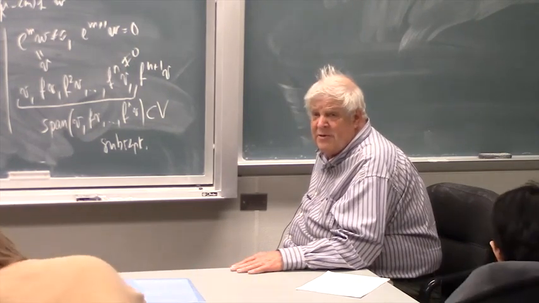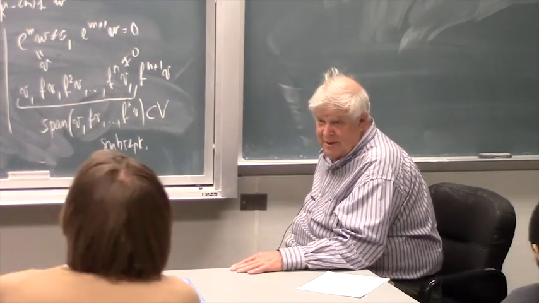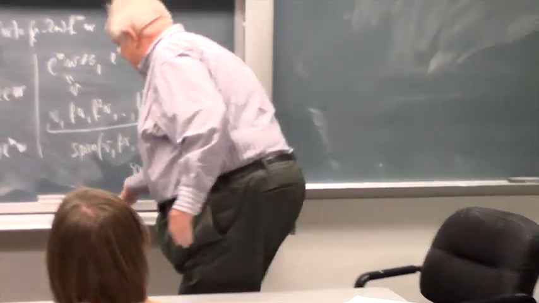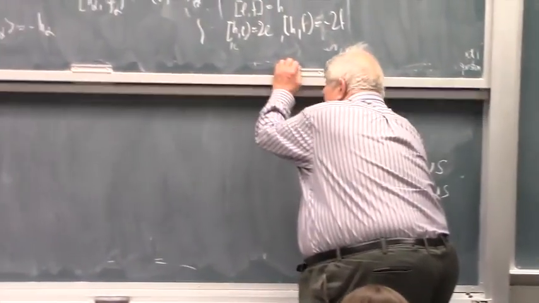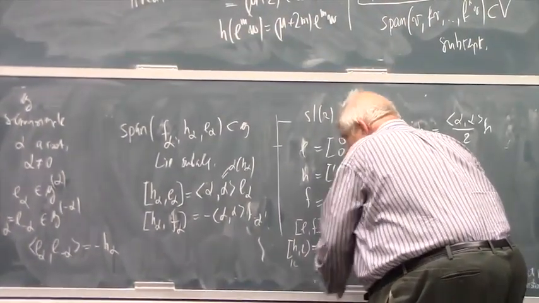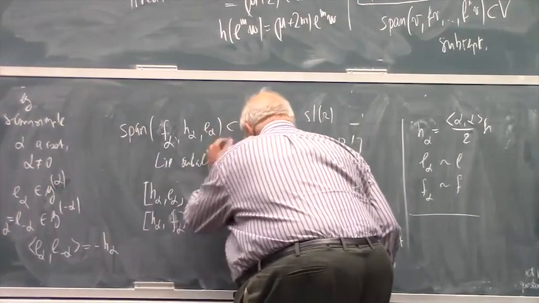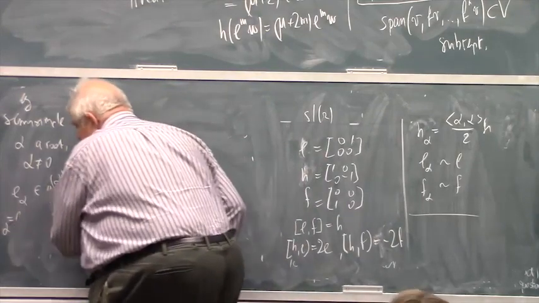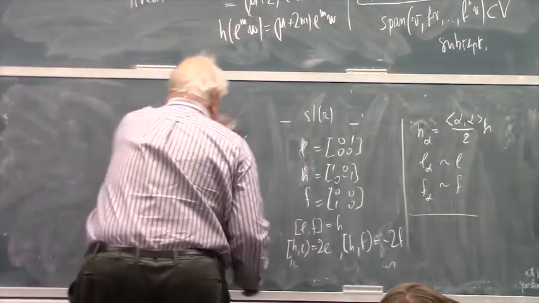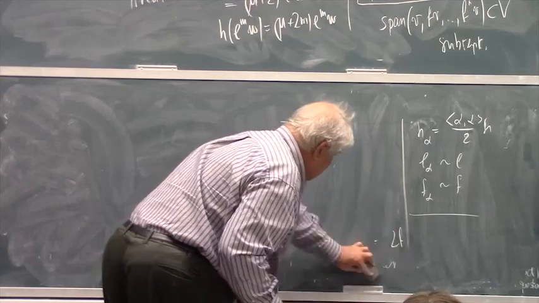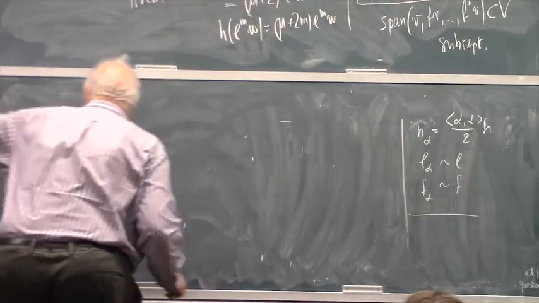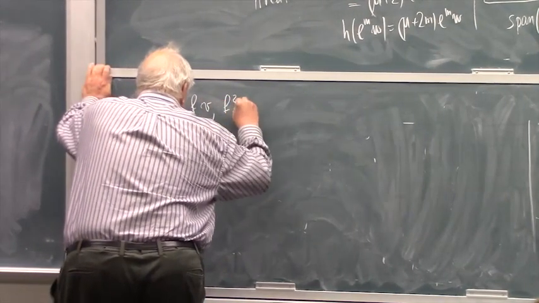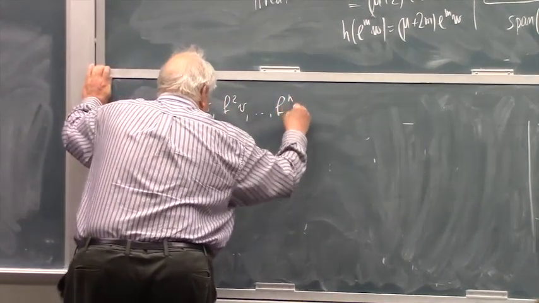So we have a subrepresentation of V, but since V is irreducible, it is the whole V. So we get a basis in V: V, FV, F squared V, up to F to the n V.